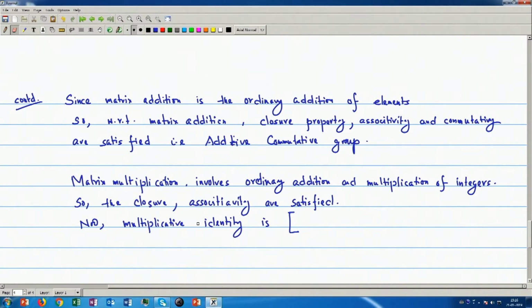The distributive properties we have to check, with respect to the operations of matrix multiplication, the distributive property also holds.